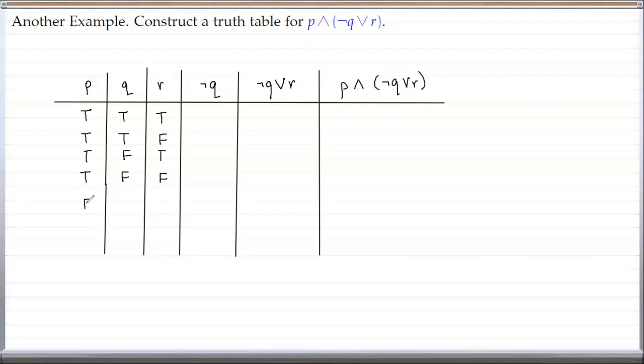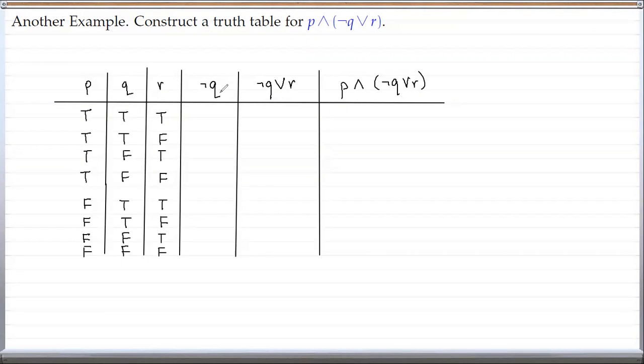Another combination can be P is false, Q is true, R is true. Next combination, P is false, Q is true, and R is false. Another one is false, false, true. And the last one, false, false, false. So we covered all the combinations. There are a total of 8.